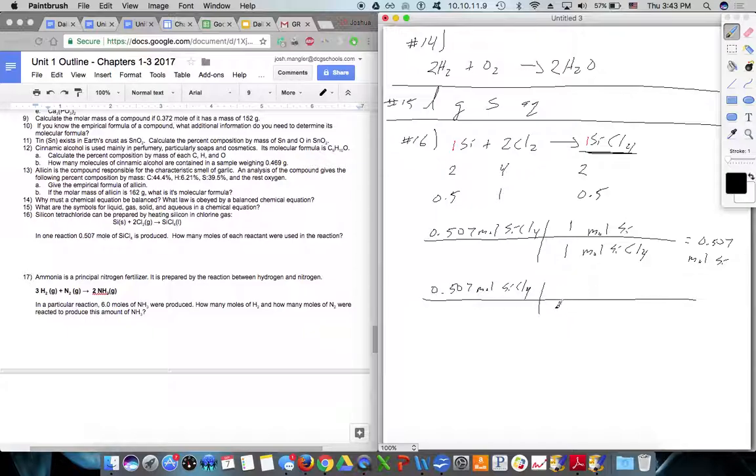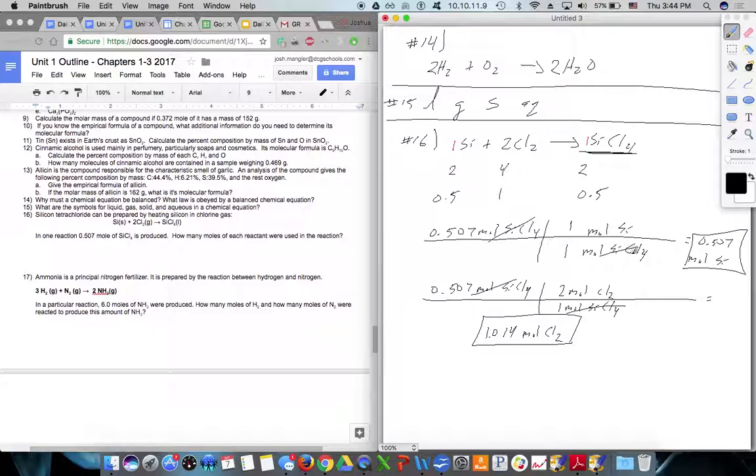That's a 1 to 2 ratio. Still 1 mole here. 2 moles here. And there's our answer. We're just doing the mole ratio step here.